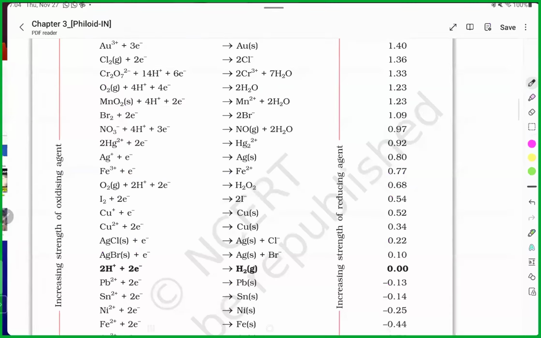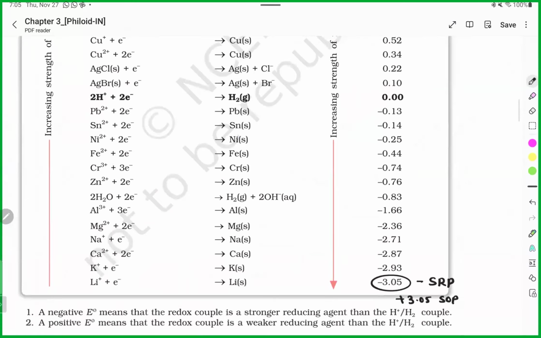Here, for lithium, SRP value is minimum but SOP value is maximum. Only the sign will change; the value remains the same, magnitude wise. Understood?